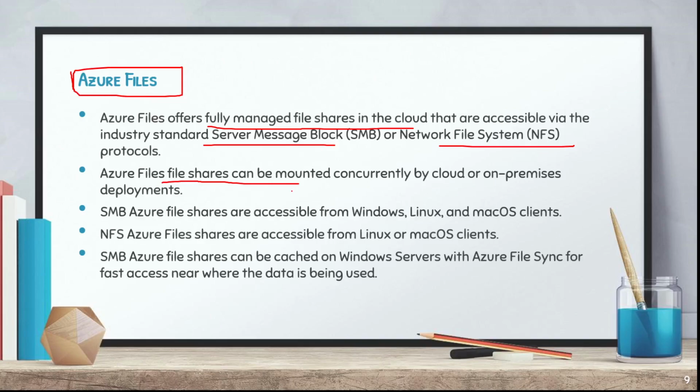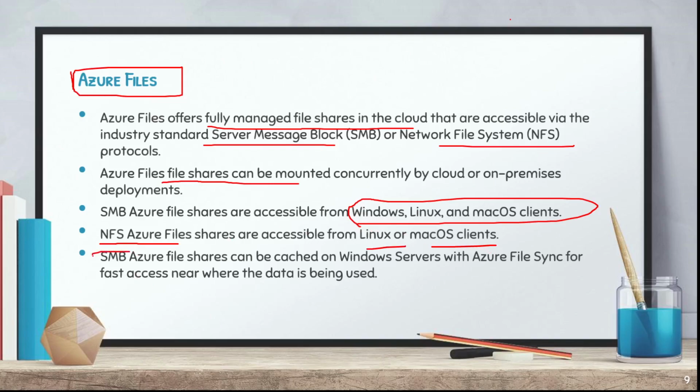If you use the SMB file share option, this SMB Azure file share can be accessed from Windows, Linux, or Mac. It supports all the operating systems. Whereas NFS supports Linux and Mac clients.